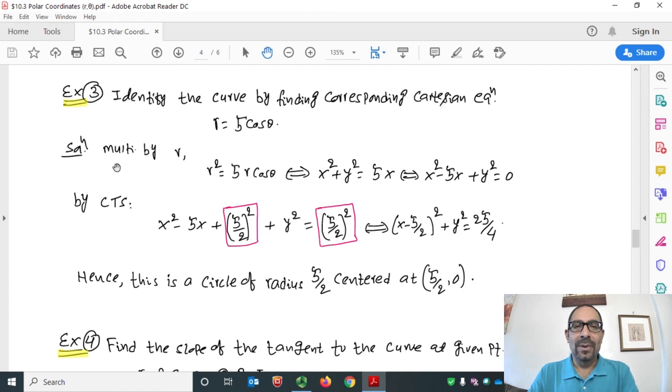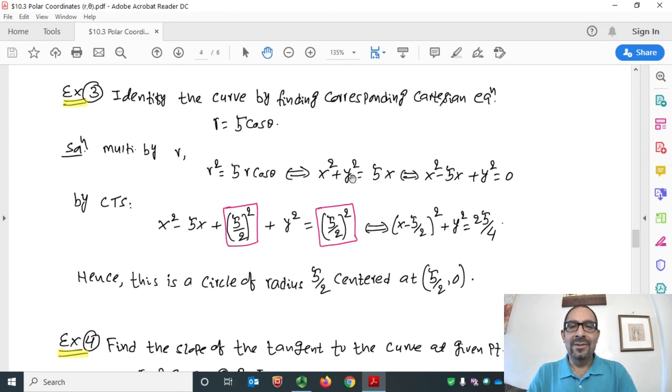So to apply that formula, let me multiply both sides by r. That's a small trick here. So the left side is r squared equals 5 times r cosine theta. We know r squared is x squared plus y squared, and r cosine theta is x. So now we have x squared plus y squared equals 5x.